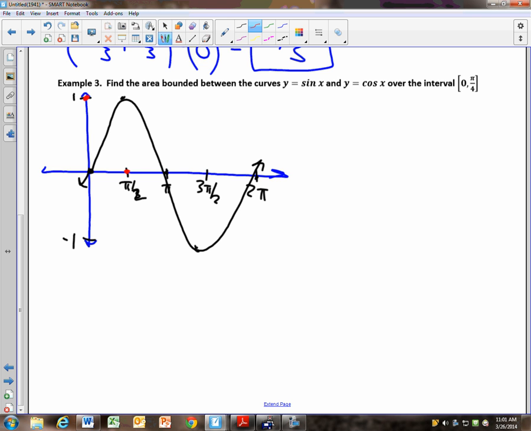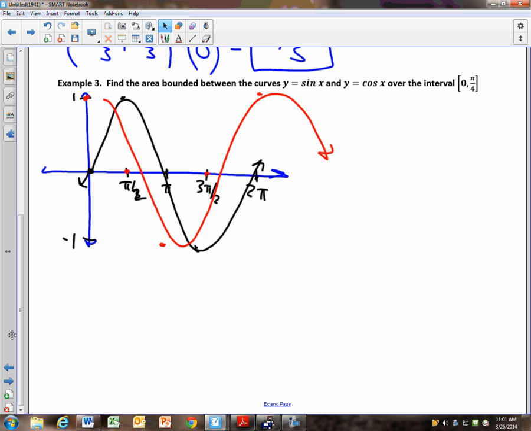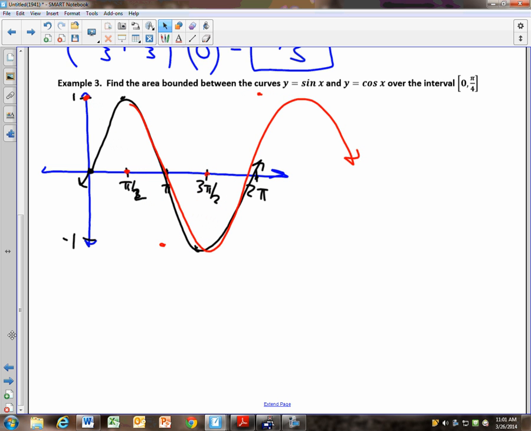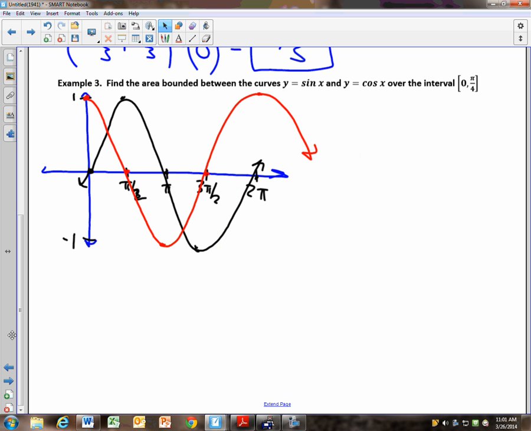And then it goes down, down, up, and up. Hey, what do you know? They look like each other. They are. It's just shifted, right? You guys remember that you can take a cosine graph and simply move it over and it becomes sine? It's different by a factor of simply pi over 2. So that's it.